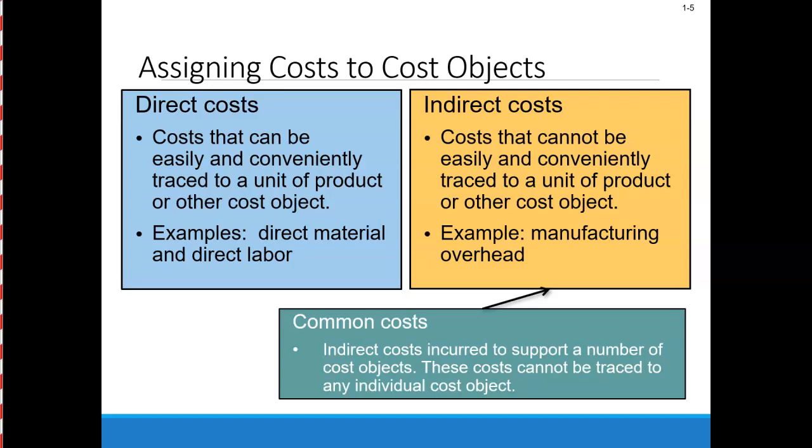So it could be the electricity. So you need the electricity to run the factory so you can work on the cars, but it's not directly linked to an automobile. There's a lot of costs that are not directly linked to that specific automobile. We call those indirect costs. Okay?